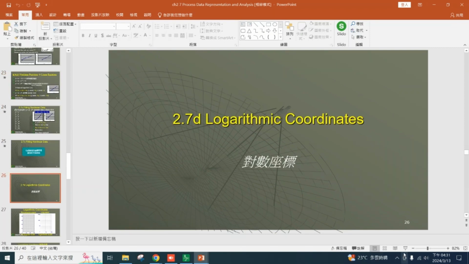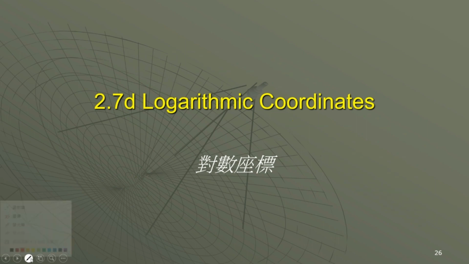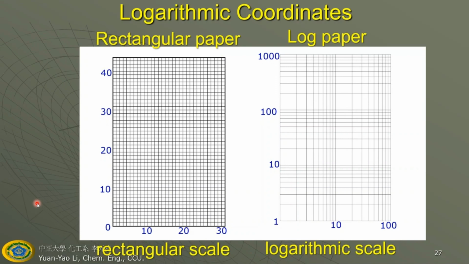So the next topic we are going to talk about is called logarithmic coordinates, or you can call it log coordinates. What is it? This is what we normally understand.